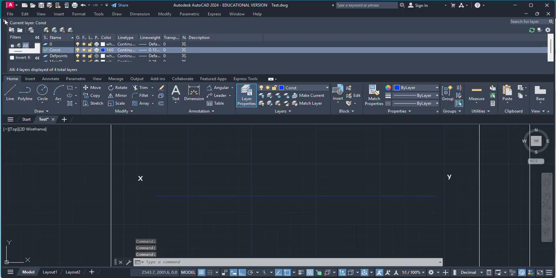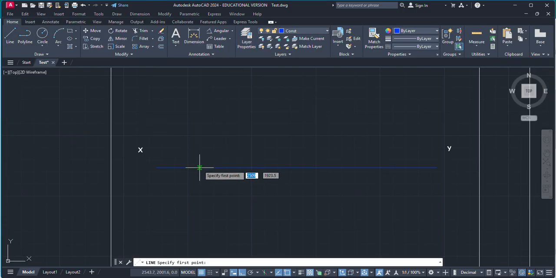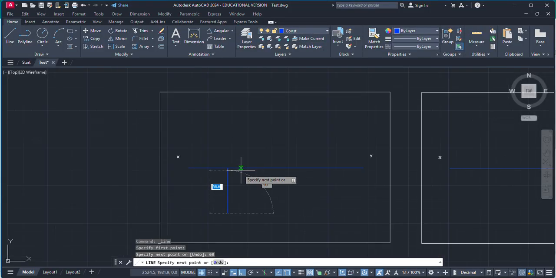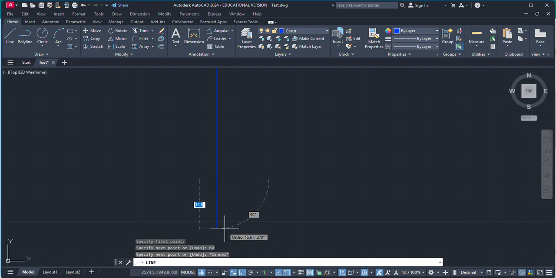Now the point is 60 mm below HP. It means our front view is at a distance of 60 mm and in front of VP 70. So 60 to 70 is a 10 mm distance. Just take 10 mm in the downward direction.